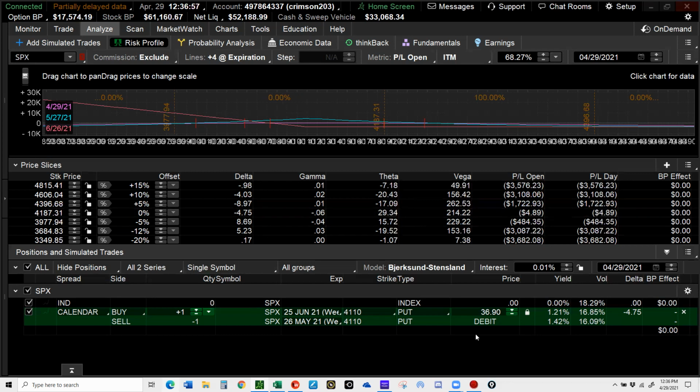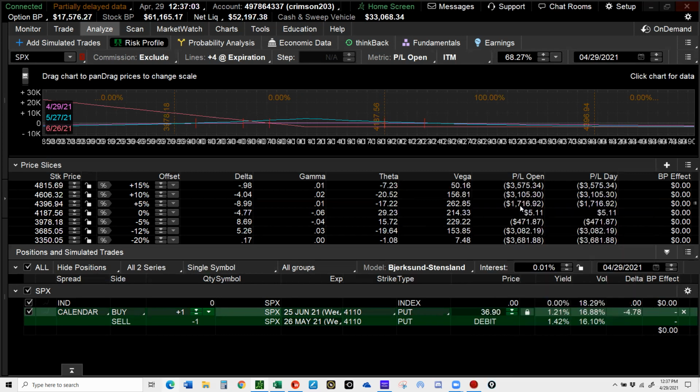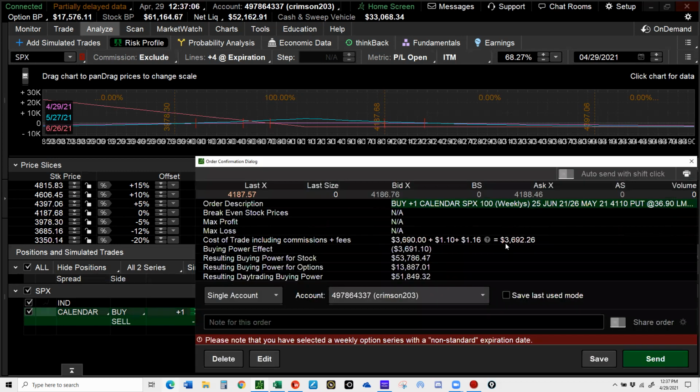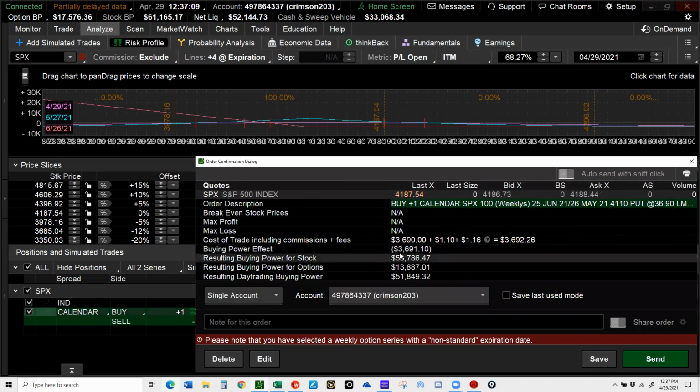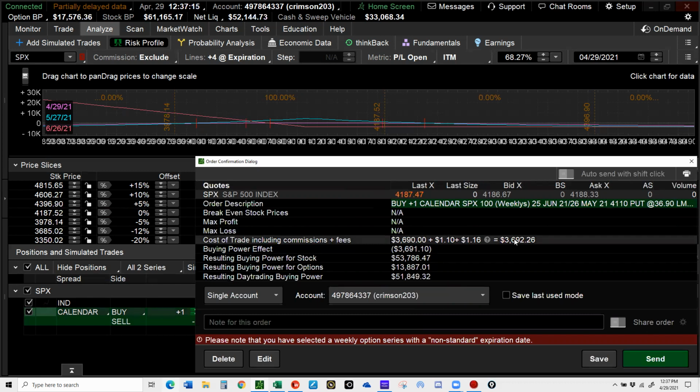Now, the only problem with a trade like that is, let's look at it, it's going to cost you, right? It costs you $3,600 in buying power, and it's a debit of $3,692. So you could do this in SPY.